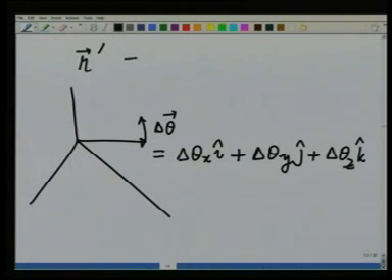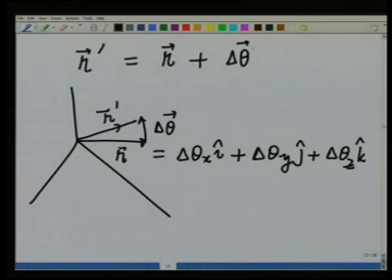Then I could write r prime as equal to the original vector r plus the change in r, which will be written as delta theta cross r.